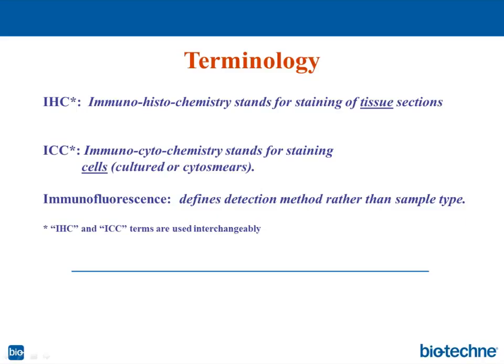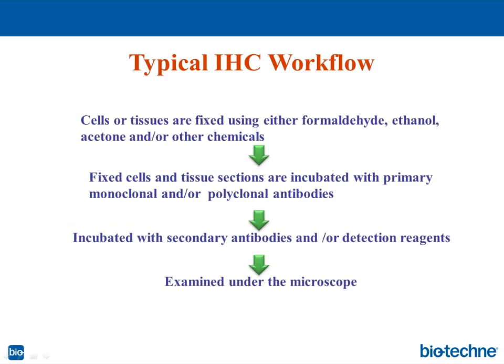So this is a typical workflow of the IHC protocol. First, we have to fix the cells or tissues, and fixation is done either using formaldehyde as a cross-linking fixative, or precipitating fixatives like ethanol, acetone, or some other chemicals. After fixation, cells and tissues are, of course, washed in buffer or other solutions, and then they are ready to be incubated with primary antibodies, monoclonal or polyclonal.